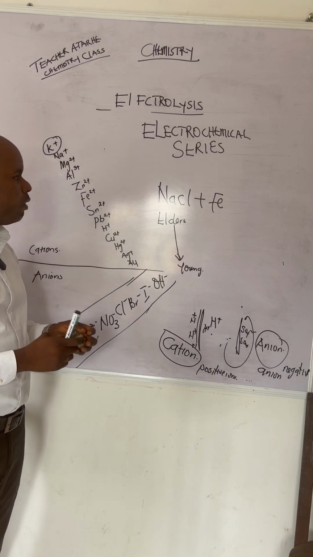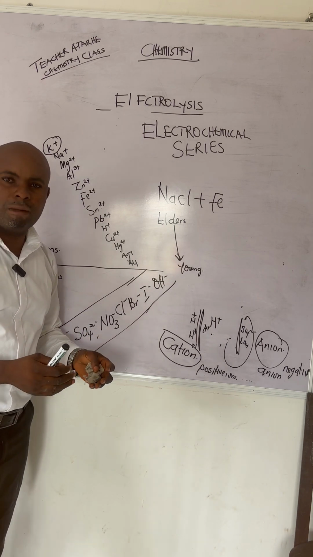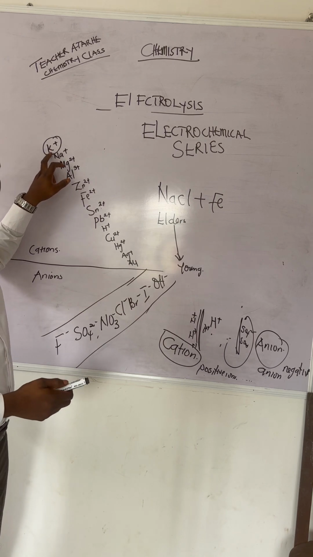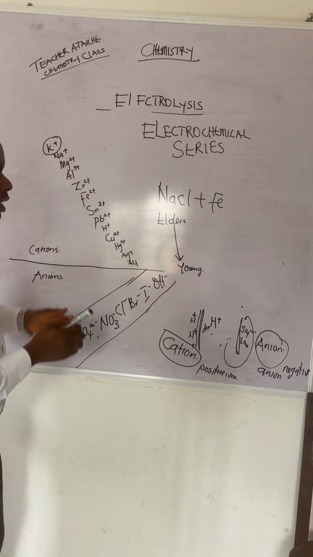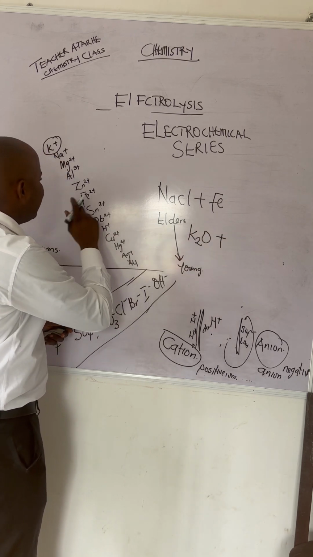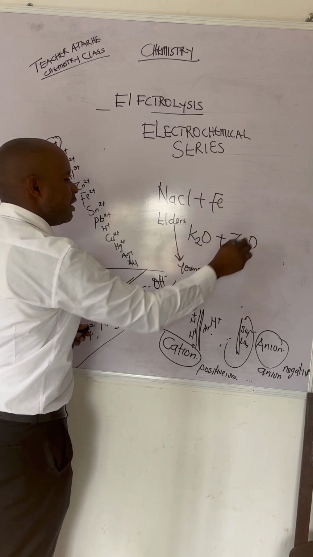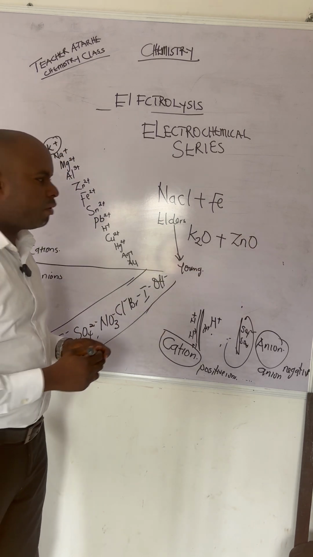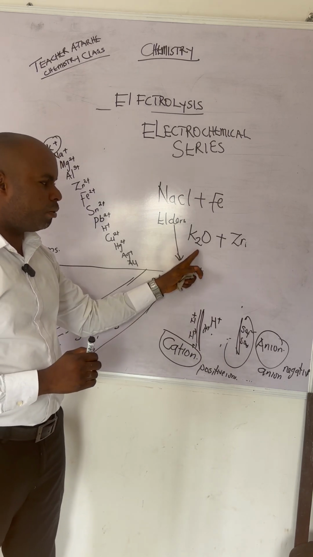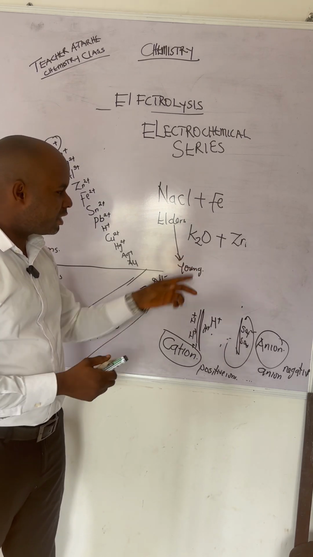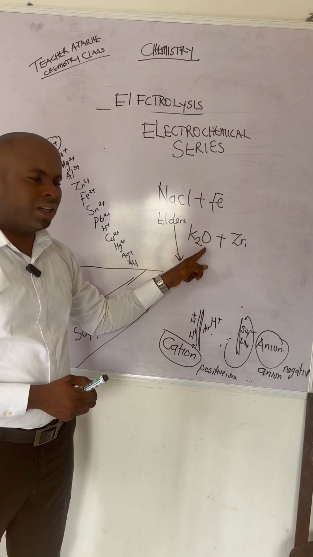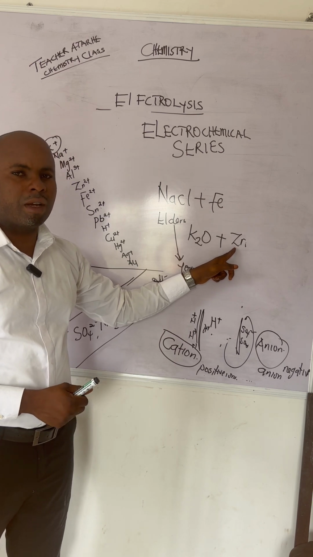When you are dealing with a displacement reaction involving potassium, say potassium oxide reacting with zinc, you realize that this kind of reaction will not take place because this potassium cannot release this oxygen to this zinc, since it's lower in the electrochemical series.